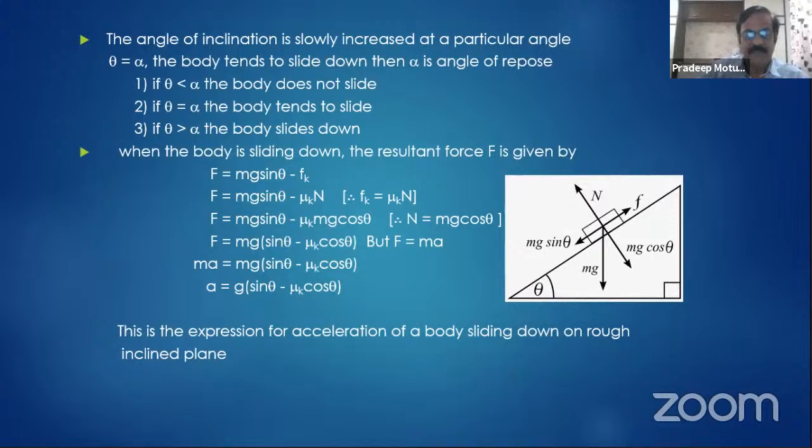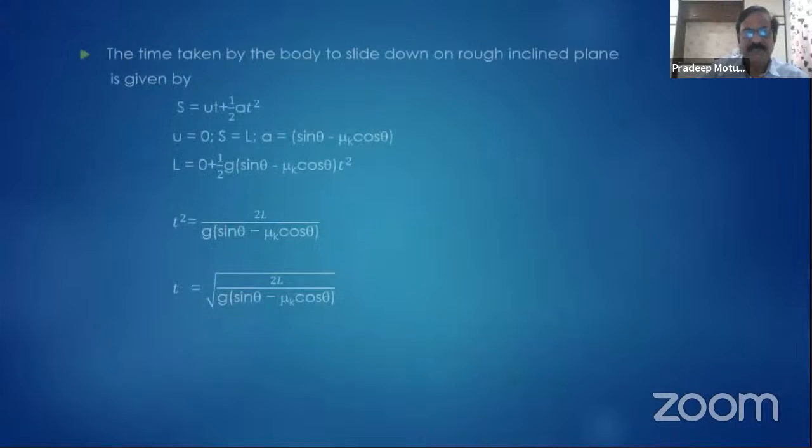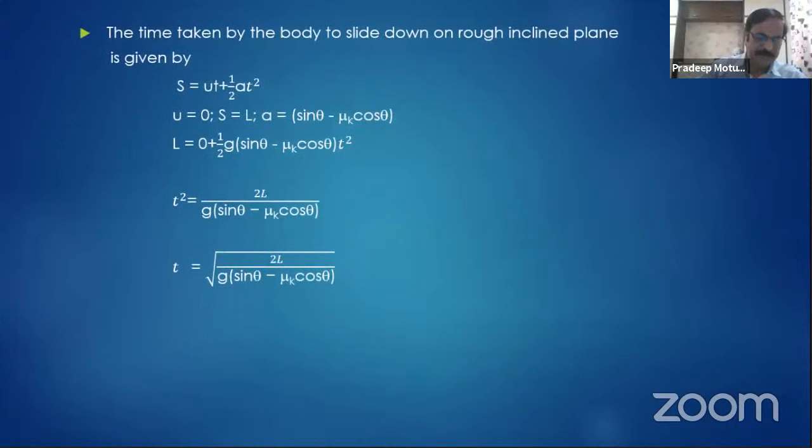Similarly, when the body is sliding down a rough inclined plane, the time is given by t equals under root 2l by g sin theta minus mu cos theta. Remember, these two expressions are very important while doing the problems.